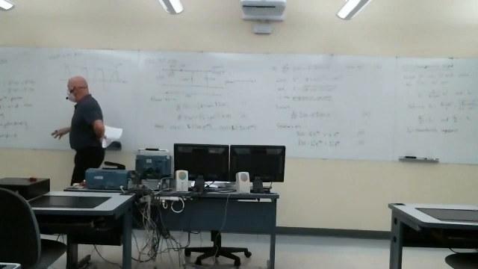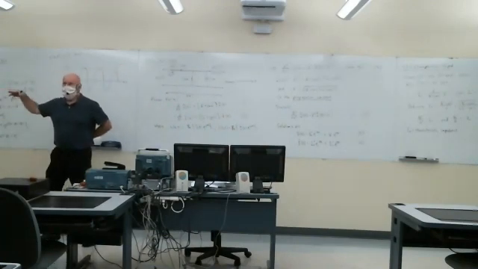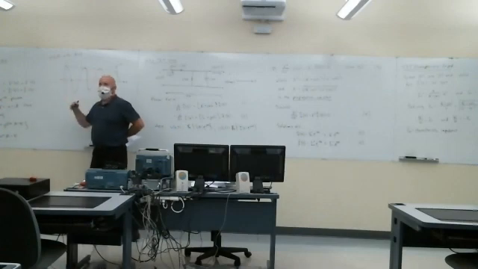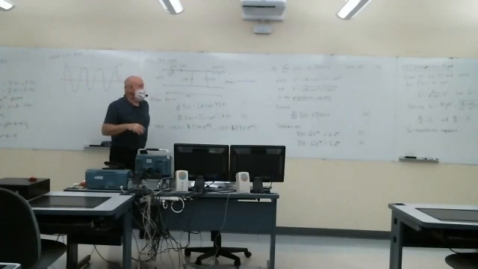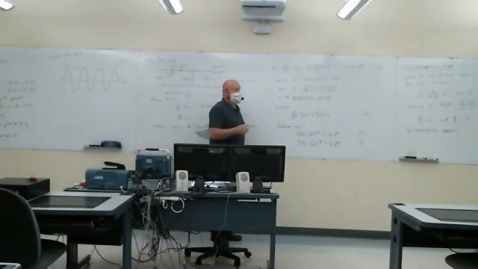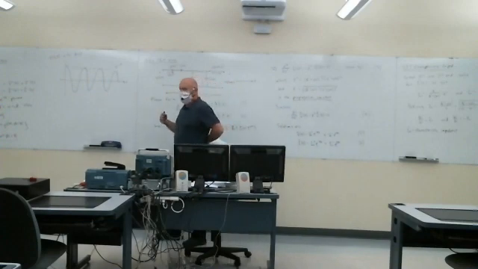Then ideally, alpha would be 0, and we wouldn't have attenuation as our wave went down our transmission line. Again, alpha will be 0 for this low loss case, and we'll look at that more next time, where both R' and G' are 0.